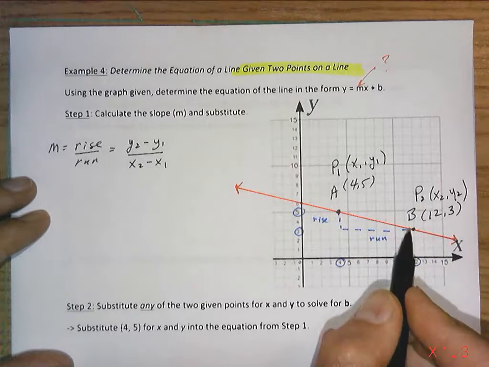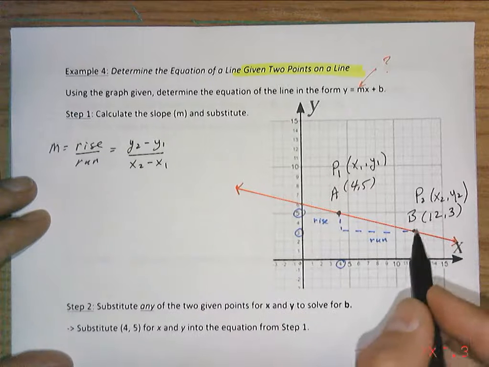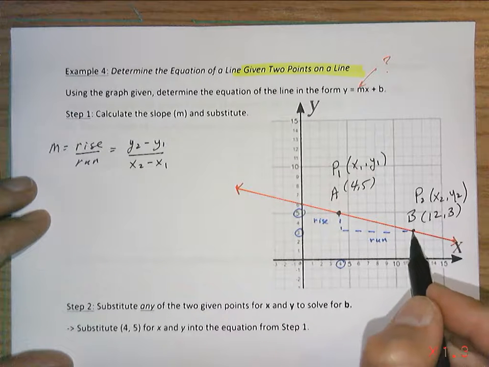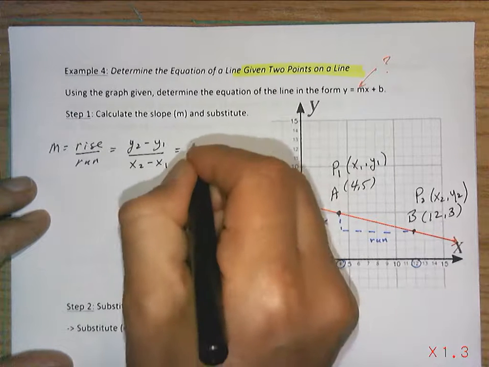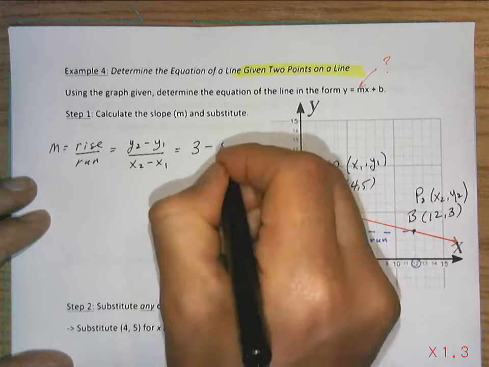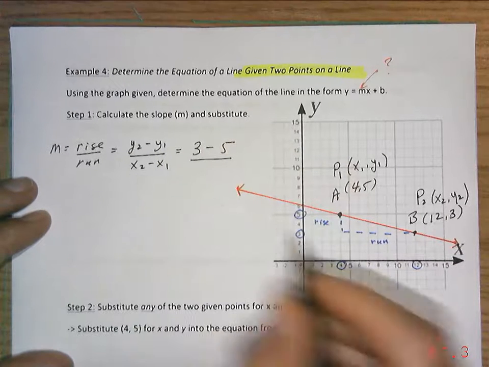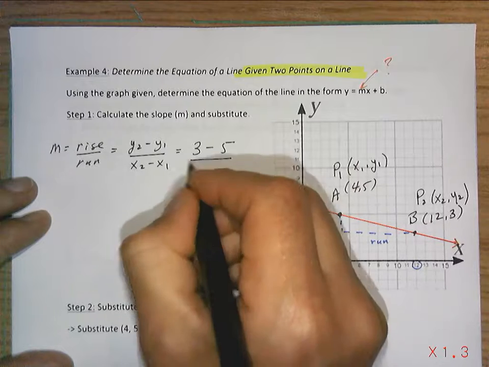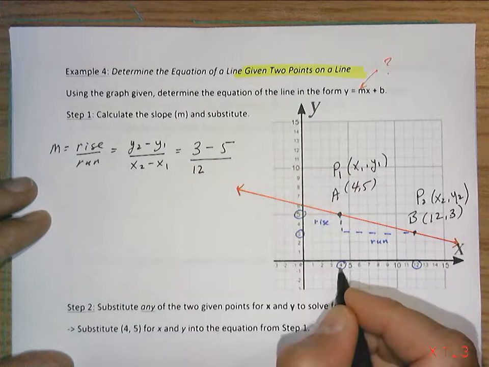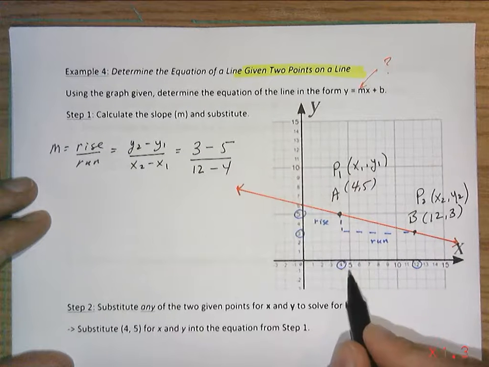And if I choose this to be point 2, this will be x2, y2, meaning it's just my second point. So for my rise, I'm going to go from y2, which is 3, and I'm going to subtract y1, which is 5. And for my run, I'm going to go x2, which is 12, subtract x1, which is 4. Notice what that'll give me.